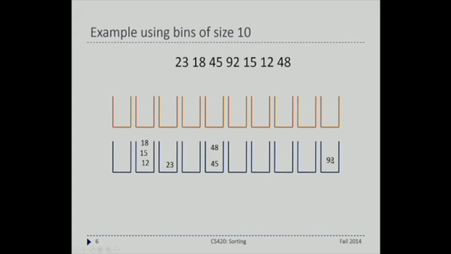Oh, sorry, one first separation. When we do this with processors, we want to know what is the size of each bucket? Where should each data item go at the end of this first phase?